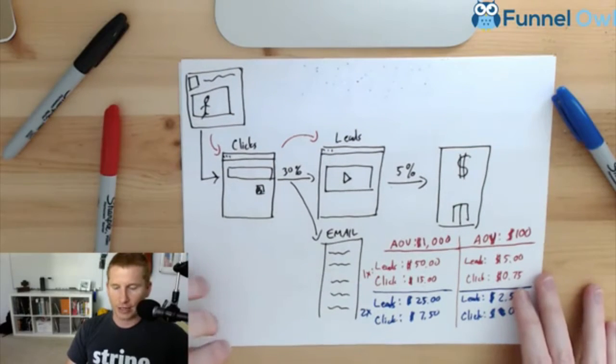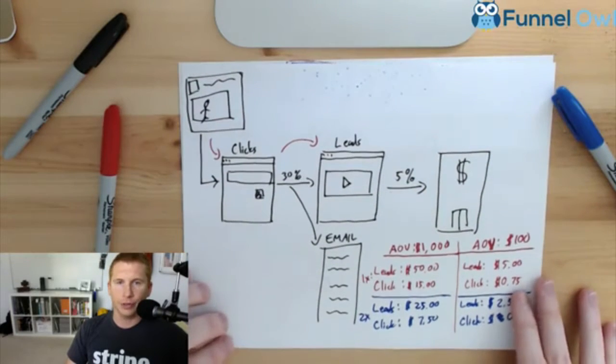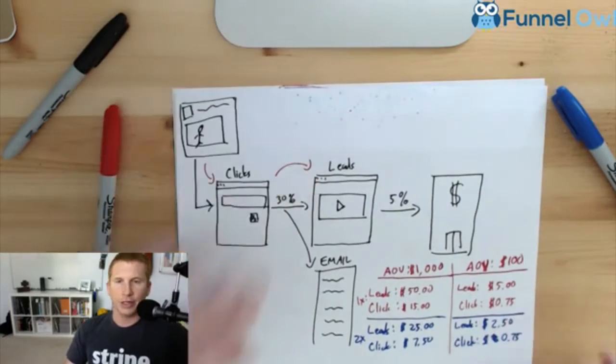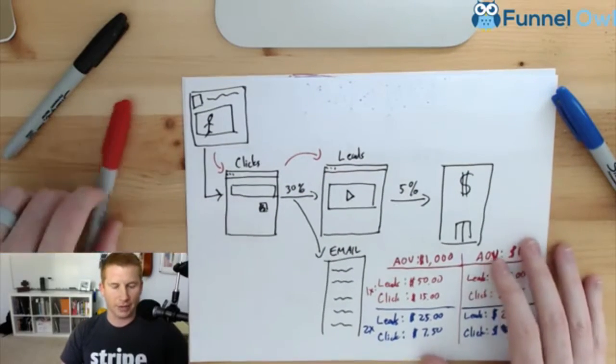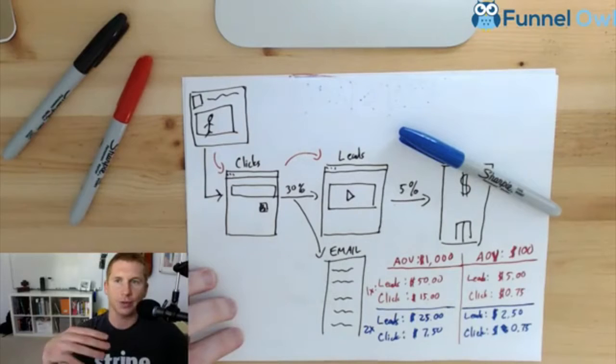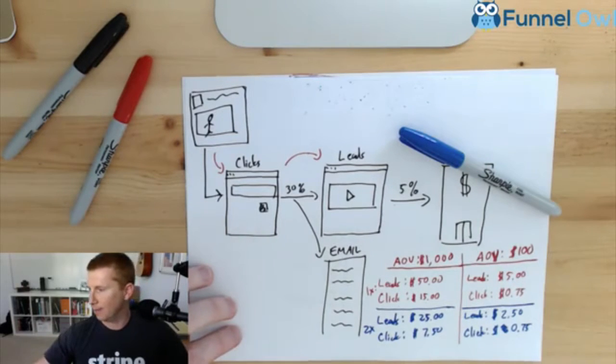So how fast are you able to recoup your ad spend? These are just some of the variables that make a big difference in how profitable your ad campaign can be. So that's really all that we're going to get to this week.